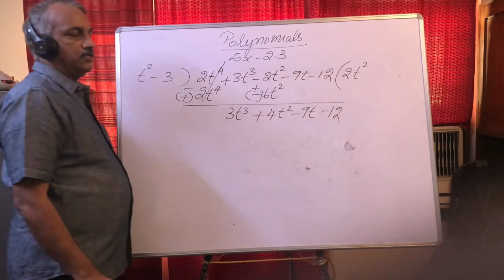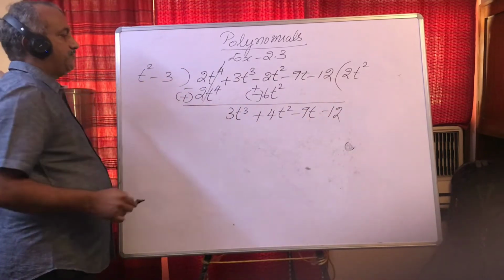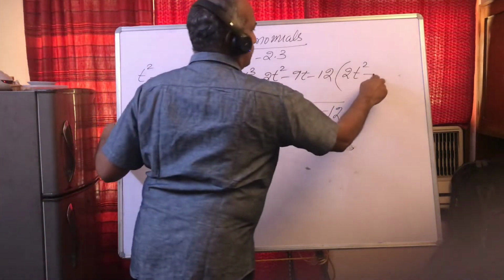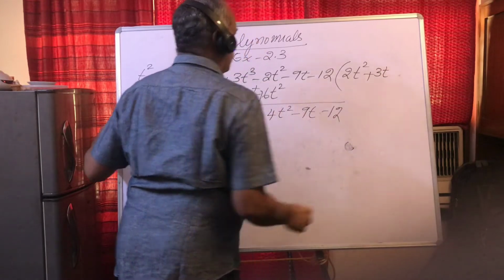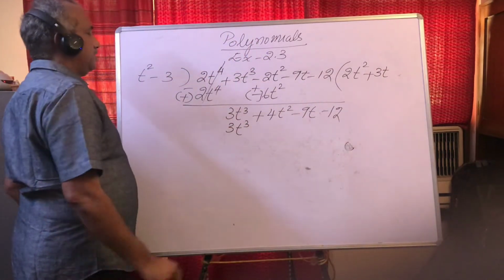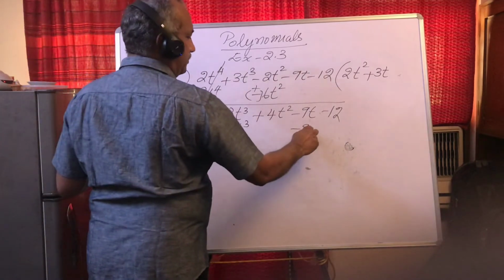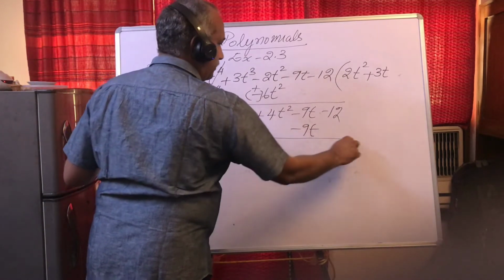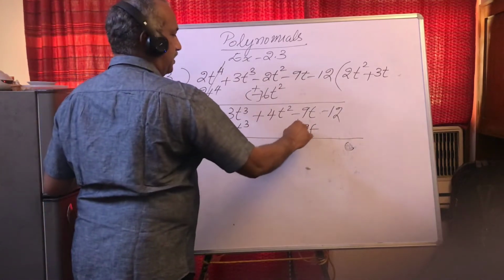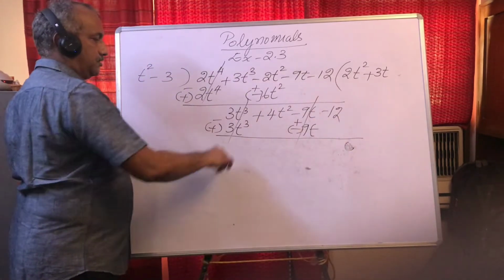First division is over. Again divide the first term by first term. 3t cube upon t square, plus 3t. 3t into t square, 3t cube; 3t into minus 3, minus 9t. Change the sign. Plus minus minus plus, cancelled. This is also cancelled.